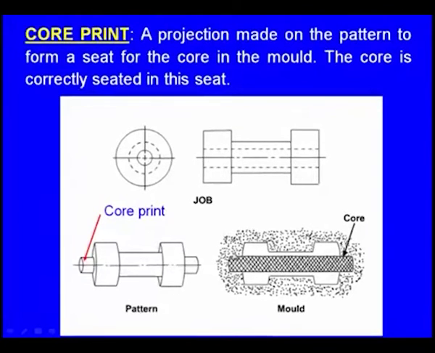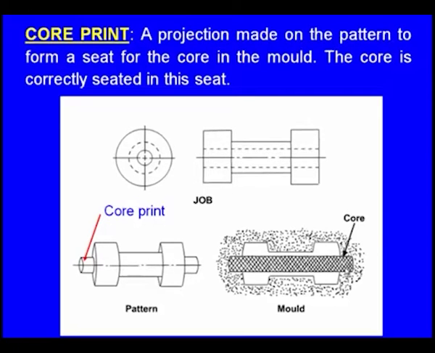Where does this core rest? That is the question. It has to be supported on both sides, which means on this side there should be a seat or a cavity in which the end of the core rests. On the other side also there should be a cavity in which the other end of the core rests.